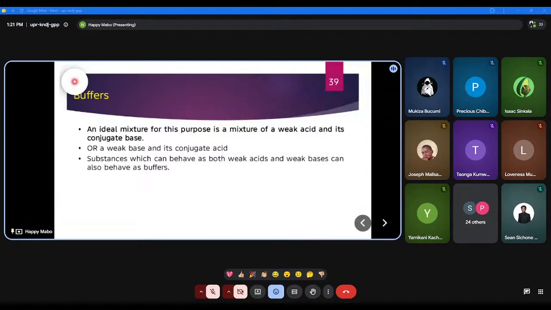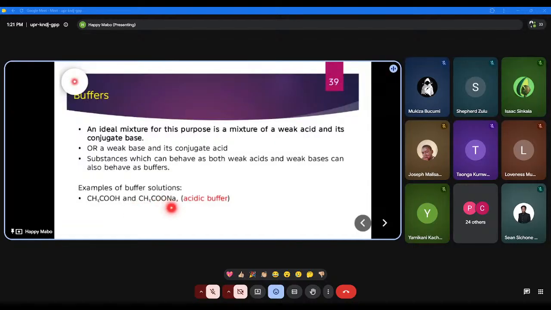Substances which can behave as both weak acids and weak bases form buffers. Examples of buffer solutions: you can get acetic acid, which is ethanoic acid, and its conjugate base, which can be formed using sodium acetate.